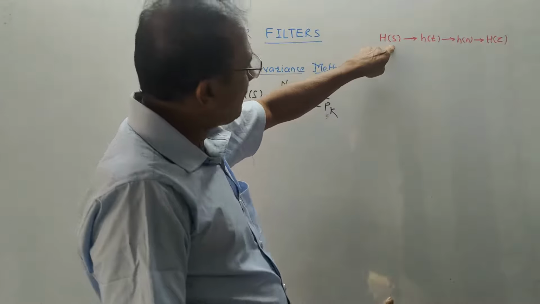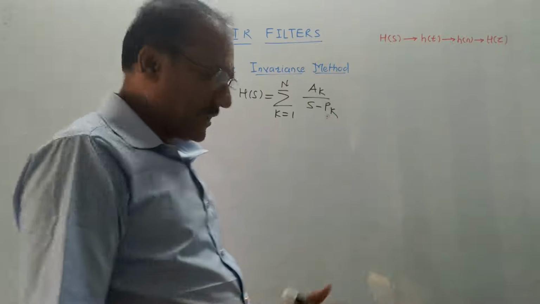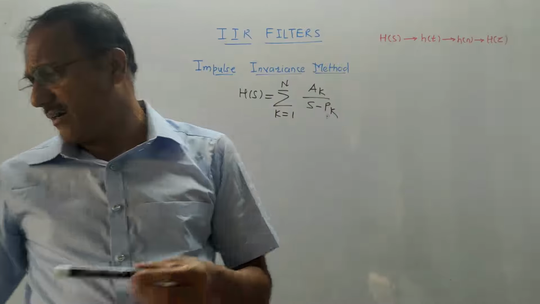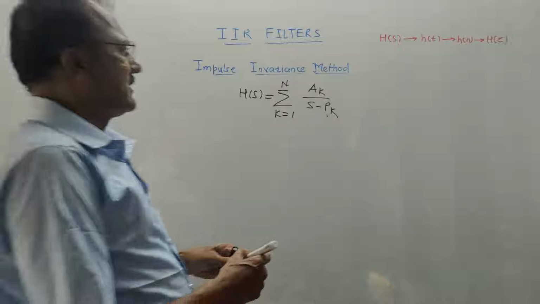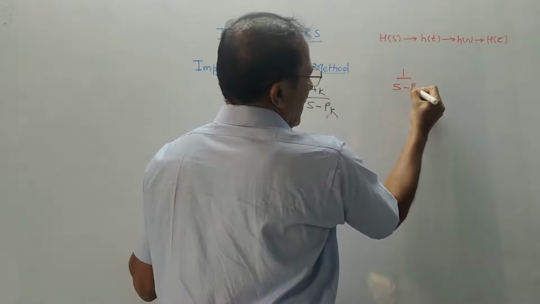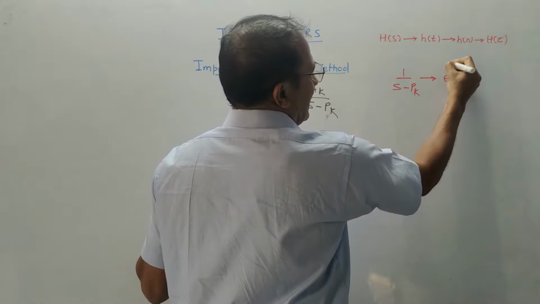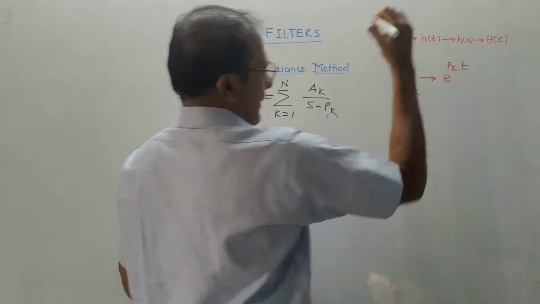Now look at the flow. From H of S we have to obtain H of T. H of T is the inverse Laplace transform. You don't have to mug up the tough formula of inverse Laplace. We need only one formula. If the equation is 1 upon (s minus p_k), p1, p2, p3, whatever, its inverse Laplace is e raised to p_k into t.